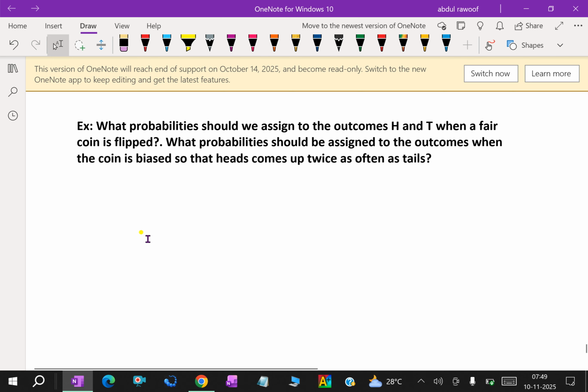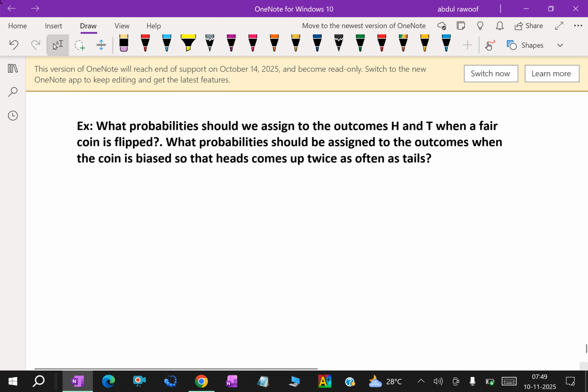Now let us do one more simple problem. What probabilities should we assign to the outcomes of head and tail when a fair coin is flipped? Second question, what probabilities should be assigned to the outcomes when the coin is biased so that heads comes up twice as often as tails?